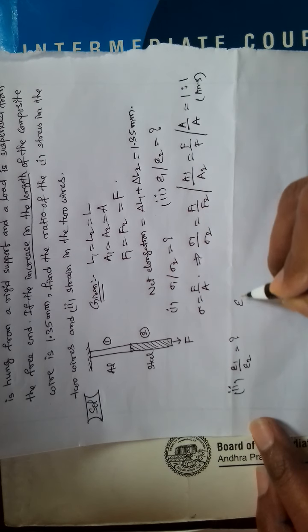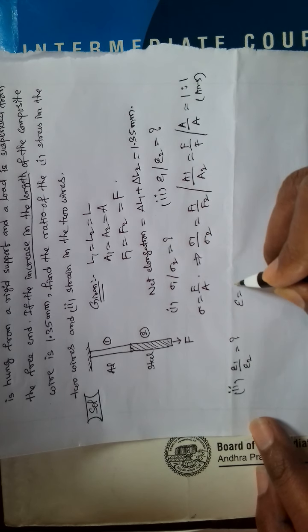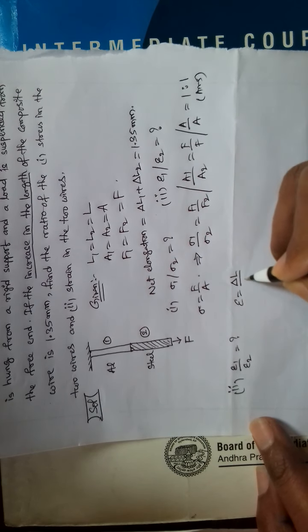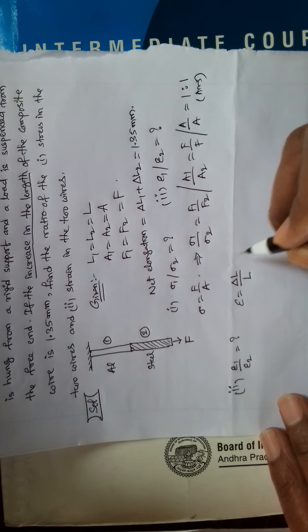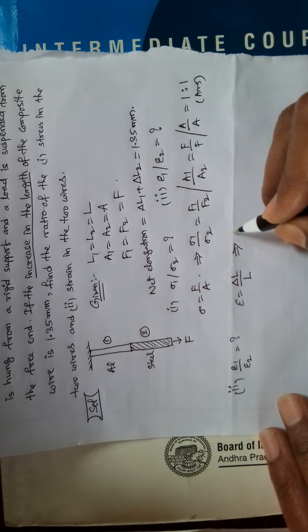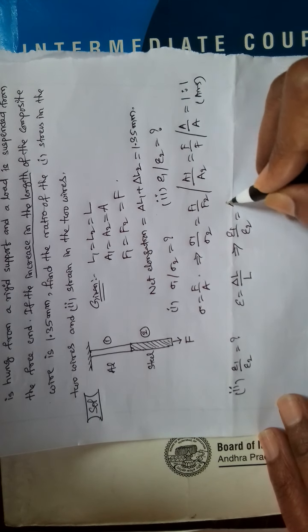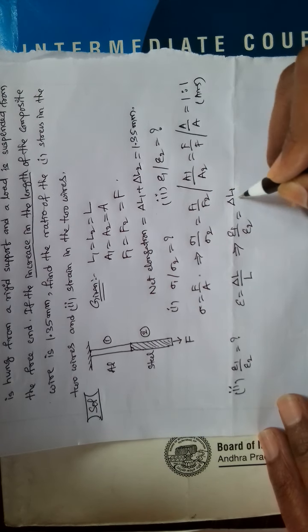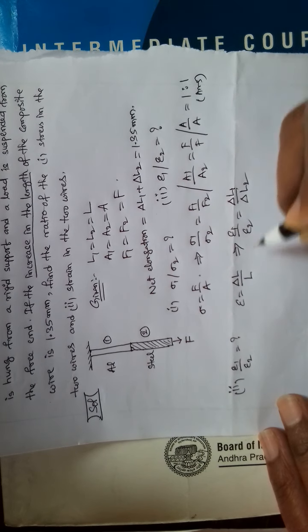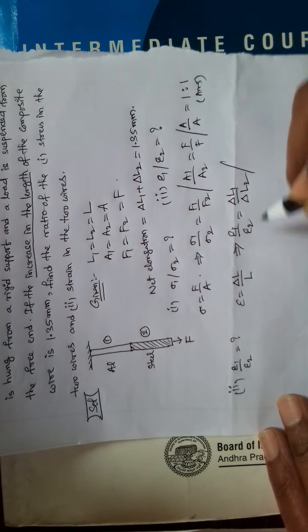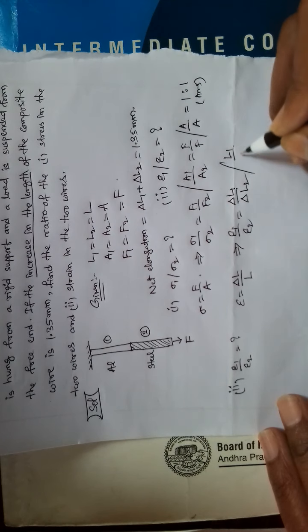So we know that strain is increase in length by original length. Therefore, epsilon 1 by epsilon 2 is equal to delta L1 by delta L2, divided by L, means L1 by L2.